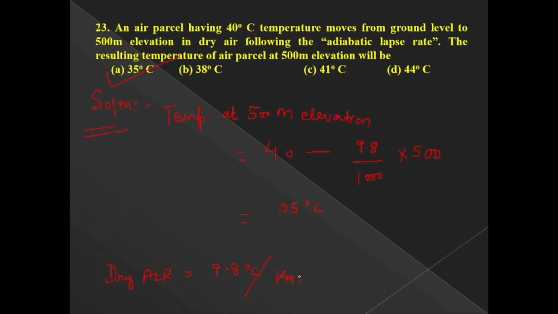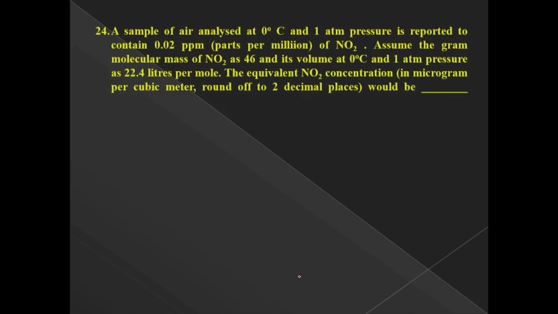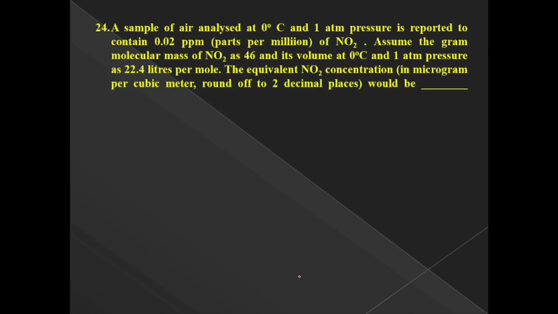Question number 24. A sample of air analyzed at 0 degree centigrade and 1 atmospheric pressure is reported to contain 0.02 ppm of nitrogen oxides.